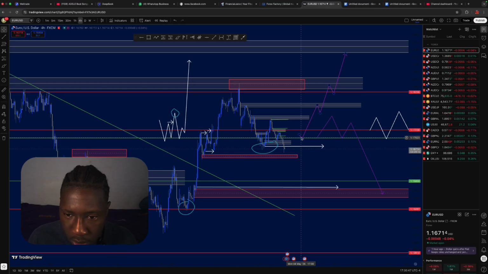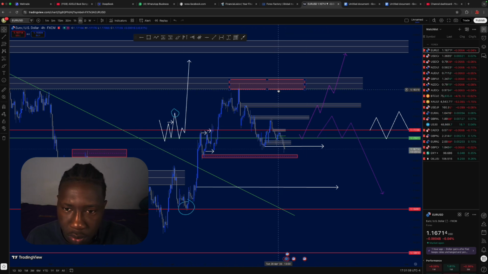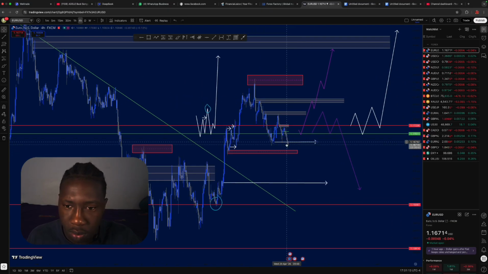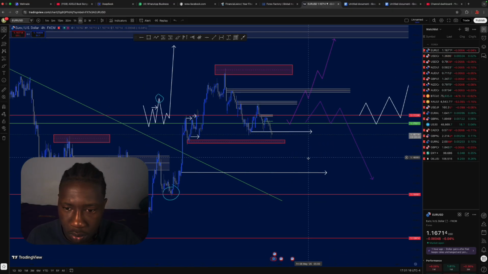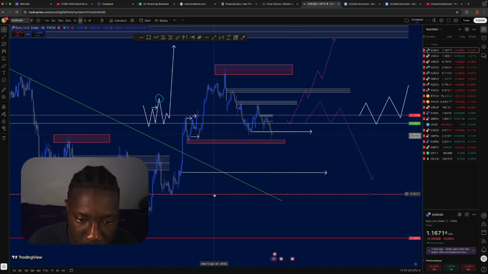Let me remove this. We are making the chart clean so that you can see what is happening on the chart.